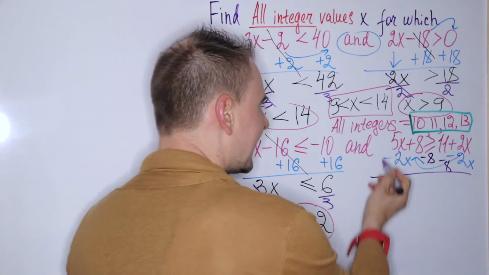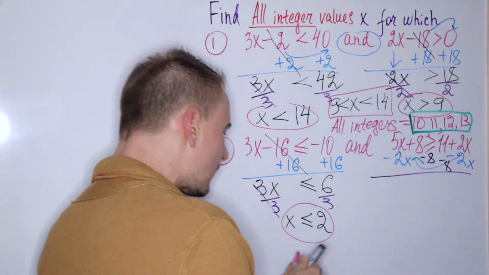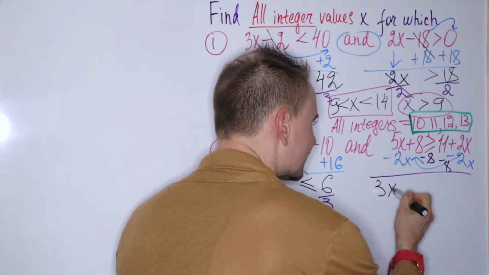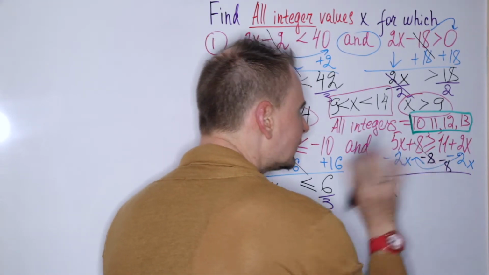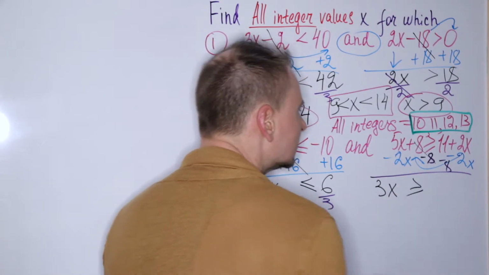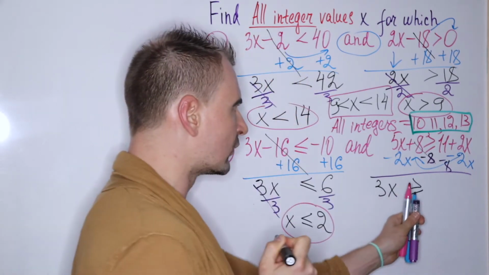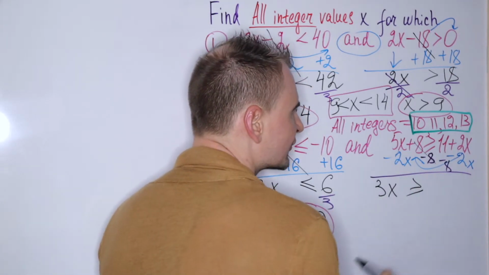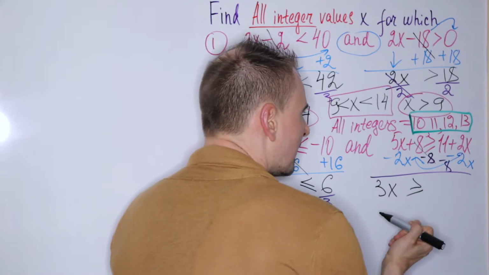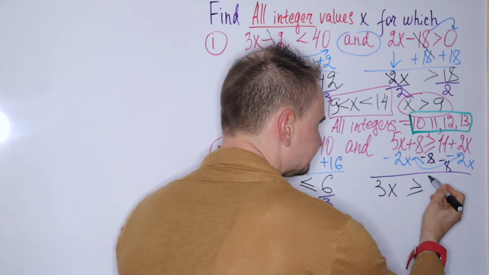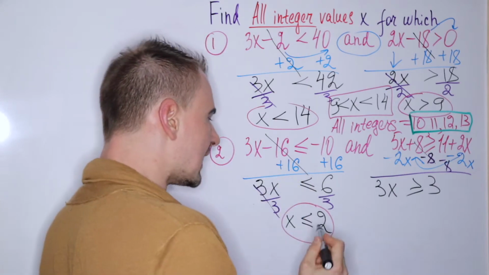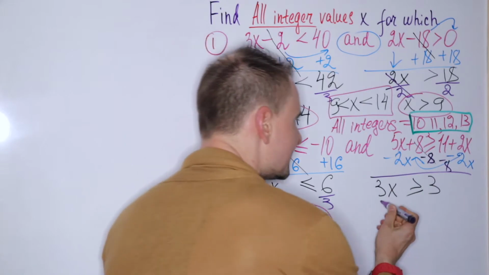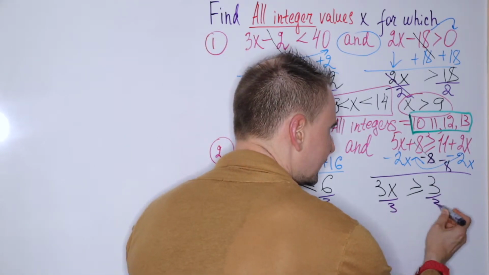So you end up getting 5x minus 2x, so we are left with 3x. The 8 drops out, so drop down the inequality sign, greater than or equal to 11 minus 8, which gives you 3. Finally, divide both sides of your inequality by 3 to get your x.